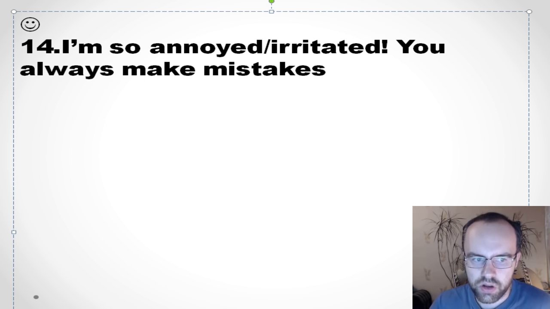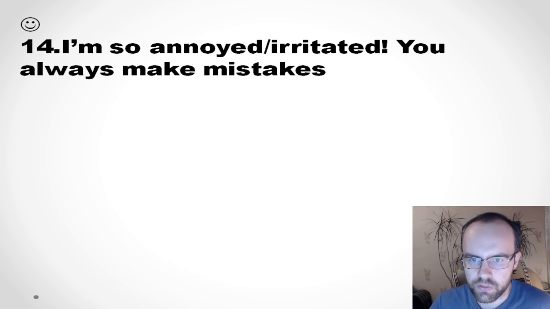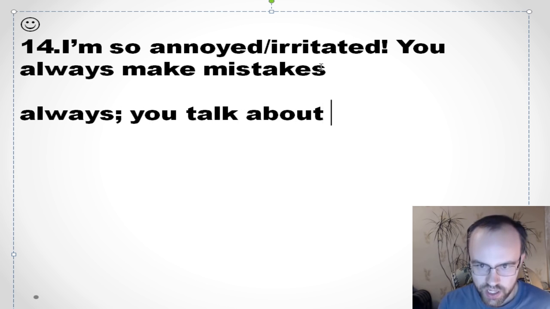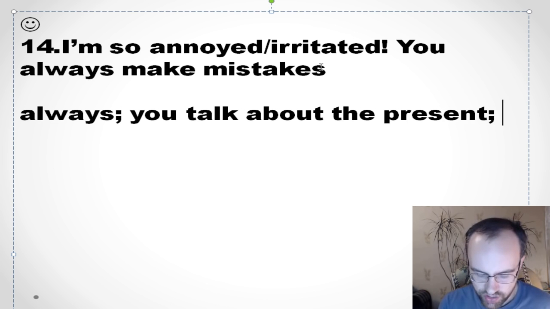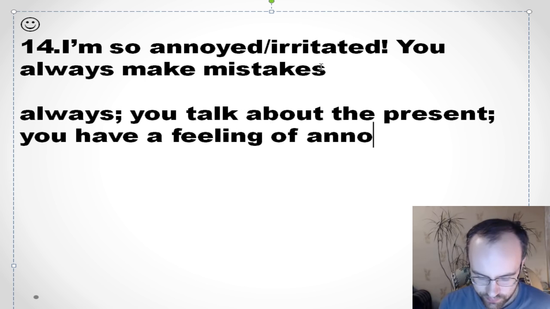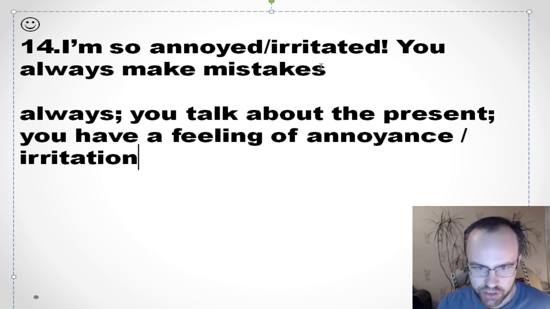And you need to know one very important rule. Okay, so what is it? I mean, if you have always and you talk about the present or regular things, yeah, and you have a feeling of annoyance or irritation, so you use present continuous.